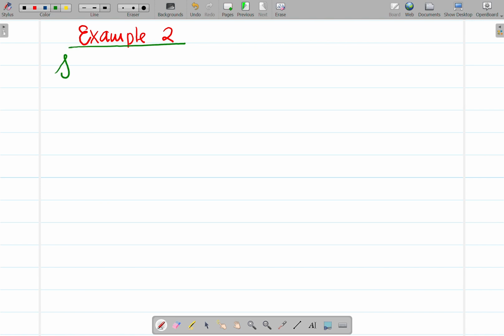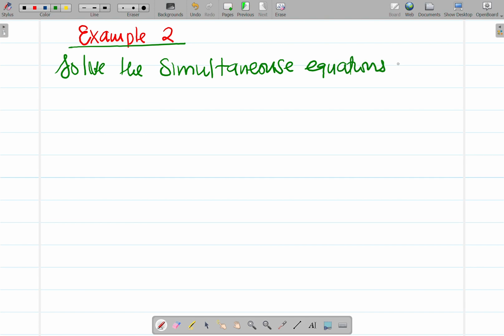Solve the simultaneous equations by substitution method.